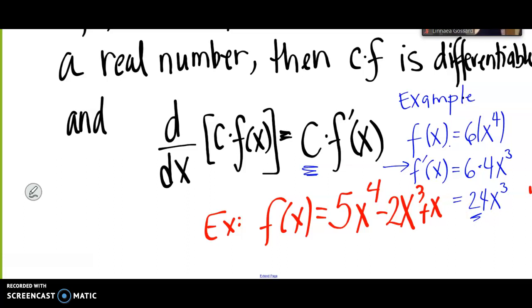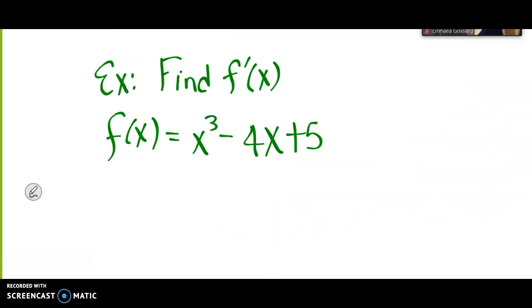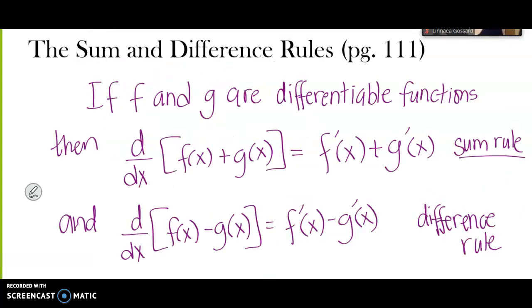All right, so then this next example in red here requires that you use the sum and difference rules, which I went over really fast on Wednesday, I guess it was.